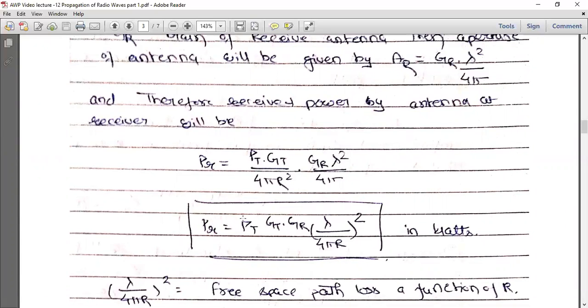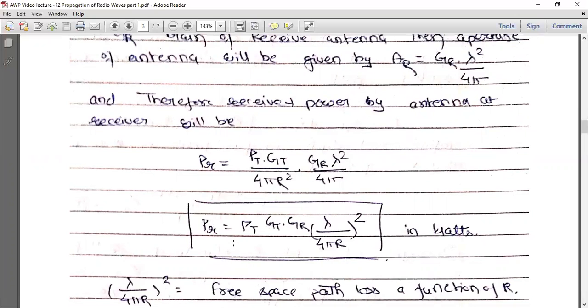Okay, this expression is known as Friis transmission equation, and in engineering, at least in undergraduate courses, we perform many numericals with respect to this particular expression.